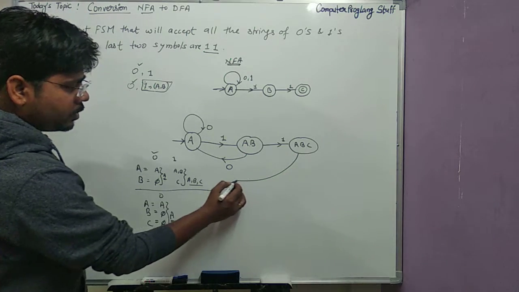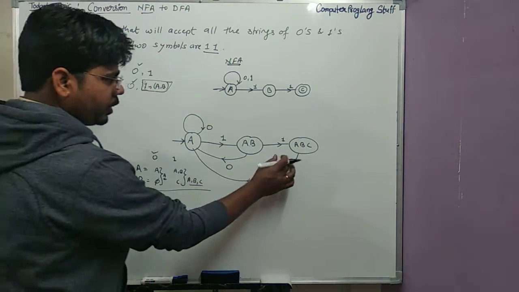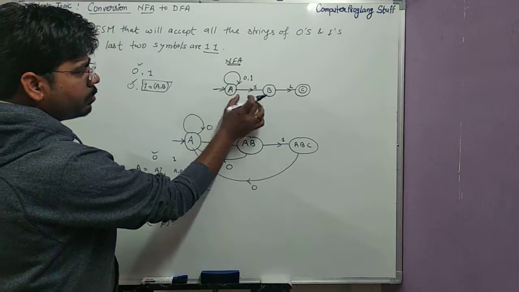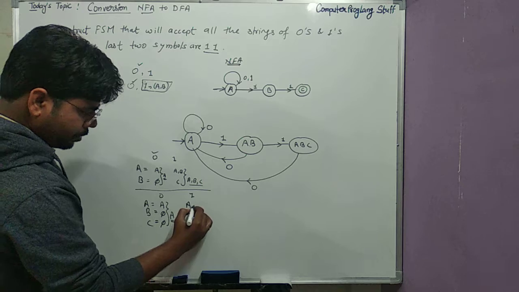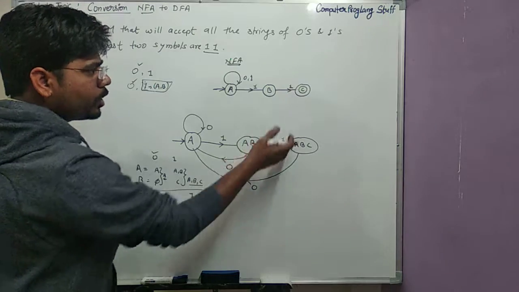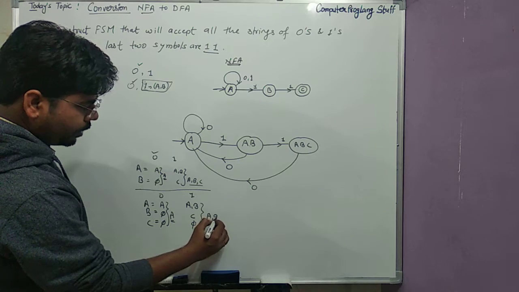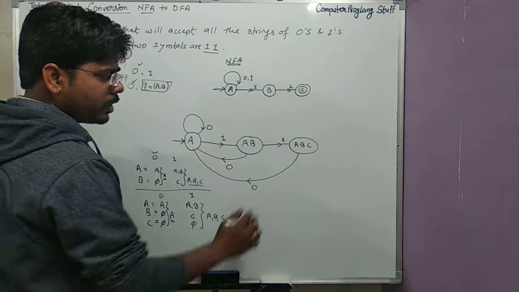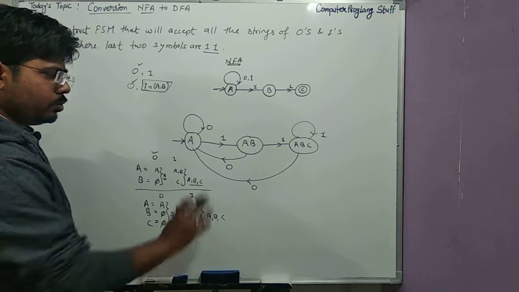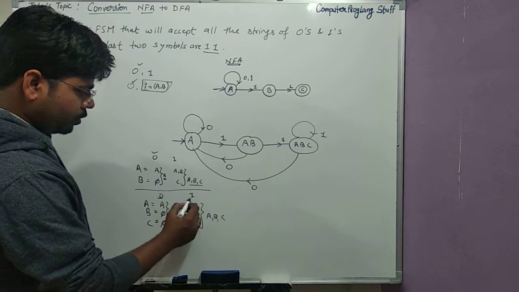So from this state, on 0, you go to A. Now for transition 1, from A we have A and B. From B you will get C, and from C there is no transition for 1, so phi. So finally you get A, B and C, and A B C is already present here, so mark it as a self loop for 1. Now there are no more new states, and all the transitions are done for 0 and 1.